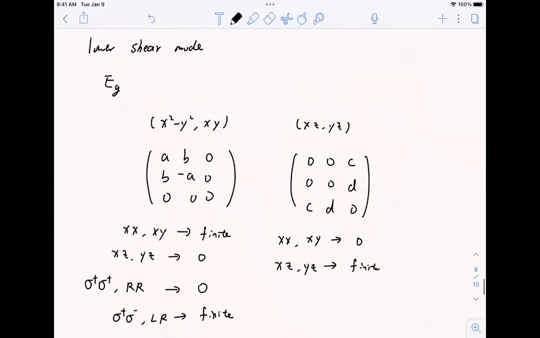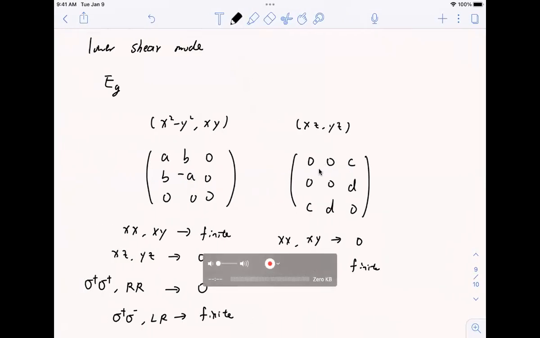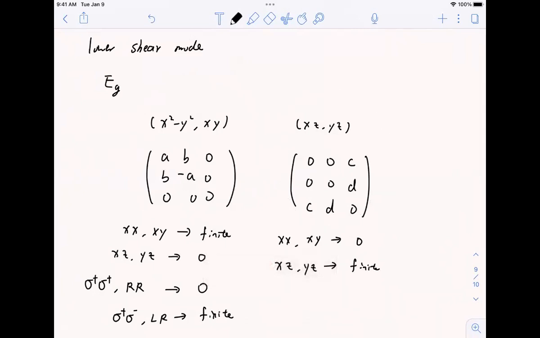Either one of these. This one means this phonon can behave like this or like this. Either one is allowed. So the phonon will either behave in this way or in this way. It is not the sum of them, because once you sum them together, it's not an irreducible representation anymore.